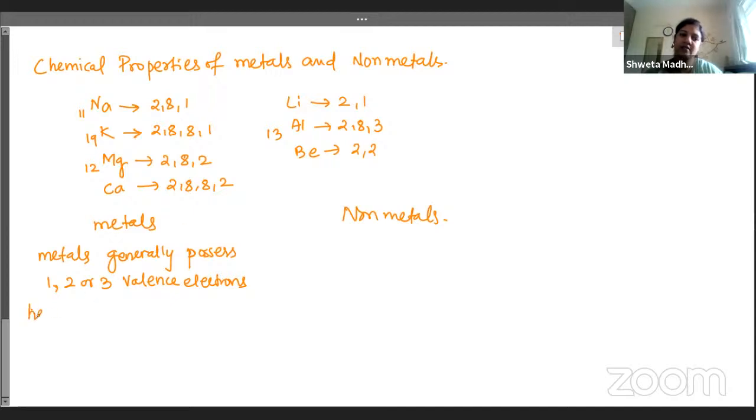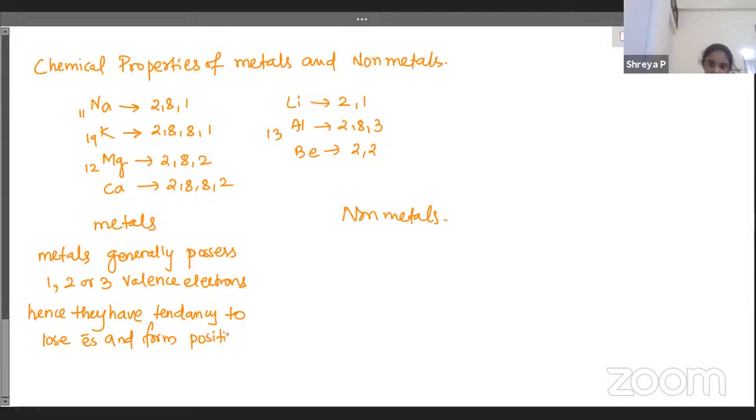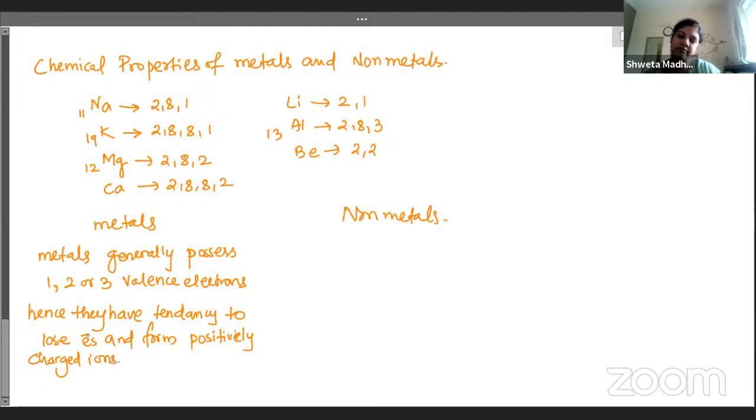Hence they have a tendency to lose electrons and form positively charged ions. Therefore, metals are electropositive.